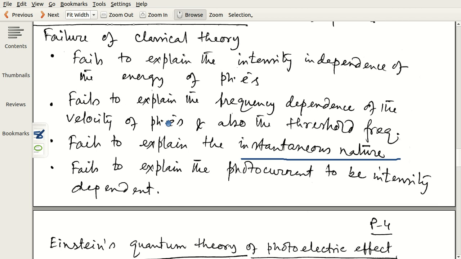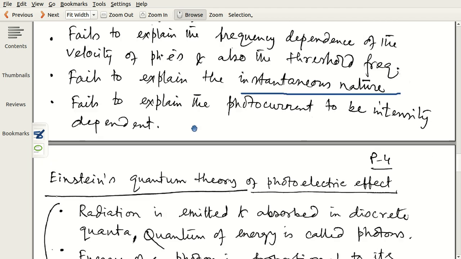This energy will go to the electrons, all the electrons will share that energy and they will come out. So it failed to explain the instantaneous nature.